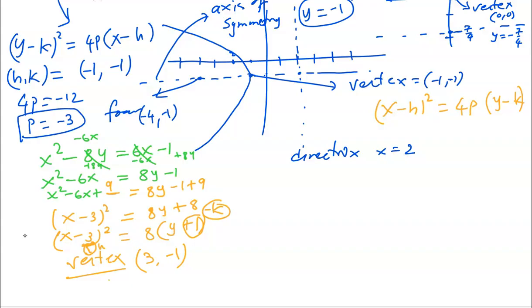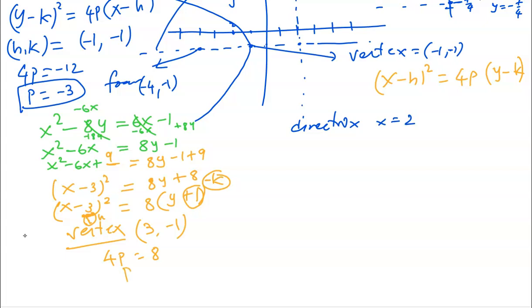Now 4p equal to 8, so p should be equal to 2. So p is positive, which means it opens up, because remember that x squared opens up, right? The vertex is 3, -1. So 1, 2, 3, -1 is here.